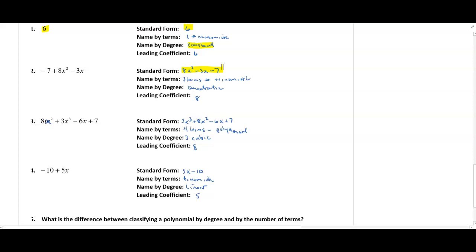Since it has 3 terms, it's a trinomial, and the degree is quadratic. All right, and the rest, go ahead and check on your own. But you notice here, I actually changed that m to an x, but if you're subtracting it here, when you write it in standard form, you have to keep it subtraction. Okay?